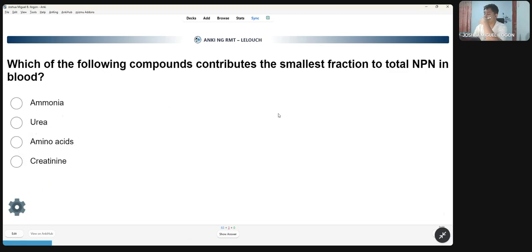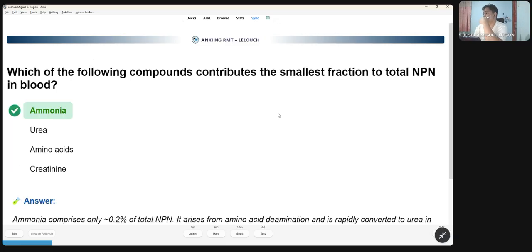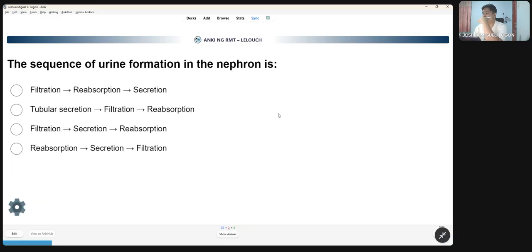Urobilin. Sequence of urine formation in the nephron is, why did I get this wrong?